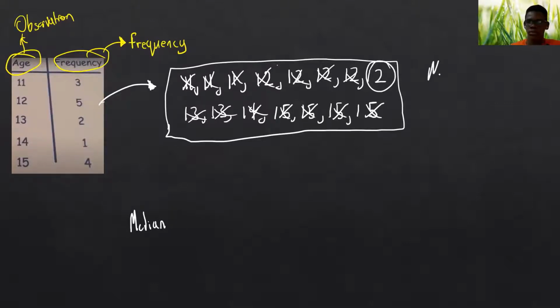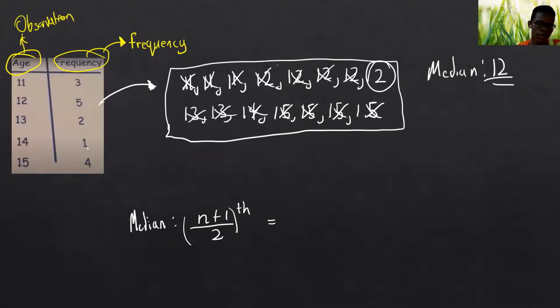Now we already know the median is 12, or you can do what I showed you last week, which is to use the formula n+1 divided by 2 to find the median position. And the total frequency here, 3 plus 5 is 8, 10, 15, right? 15.